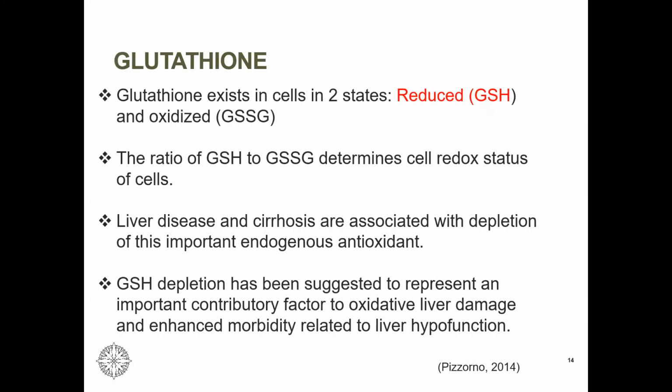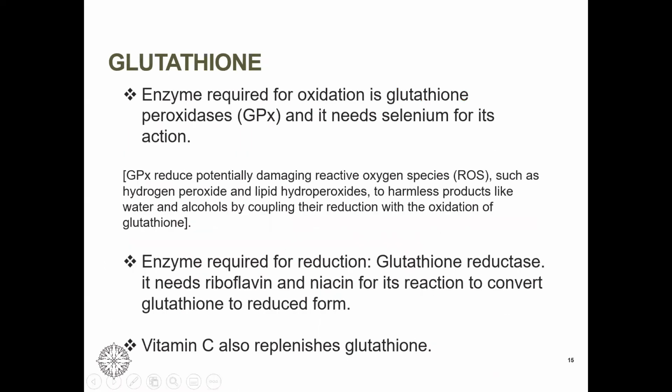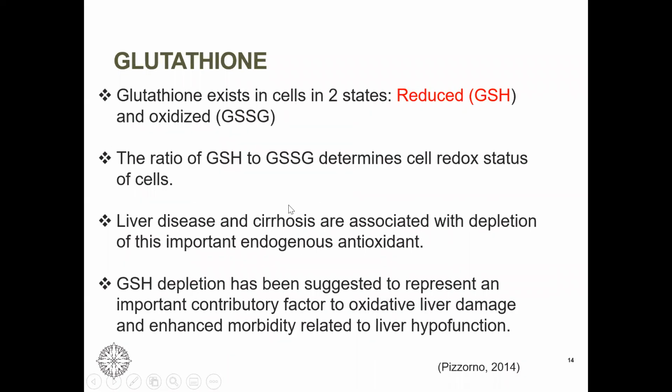It exists in the cell as the reduced form as well as the oxidized form. We need to have more of the reduced form because this is how it acts as an antioxidant. So for people who have any liver disease or condition, we can measure it.